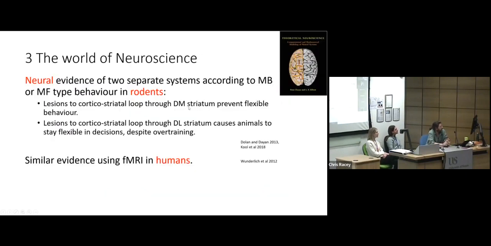Then if you look at the world of neuroscience, there is evidence that different parts of the brain cause habitual behaviour, and other parts of the brain cause goal-based behaviour. Lesion studies on animals and fMRI studies on humans suggest that different parts of the striatum, for example, and different parts of the prefrontal cortex are involved in these two types of behaviour.